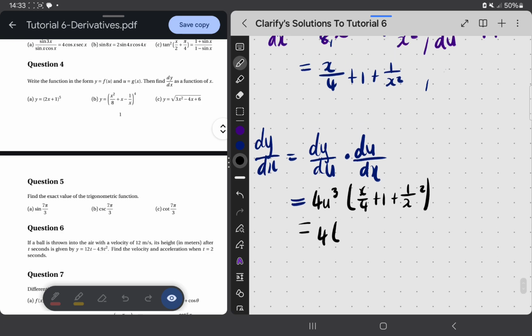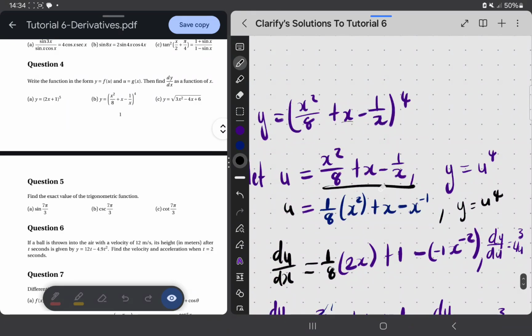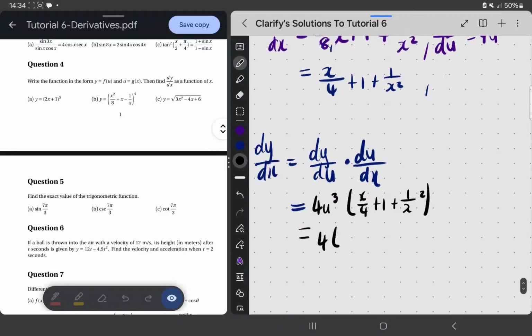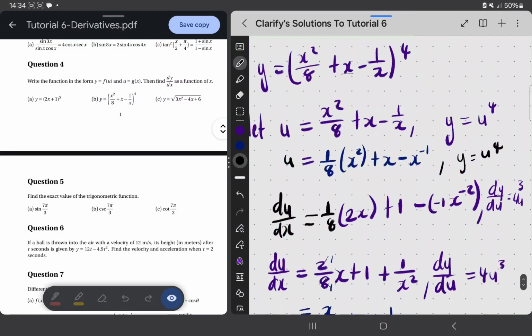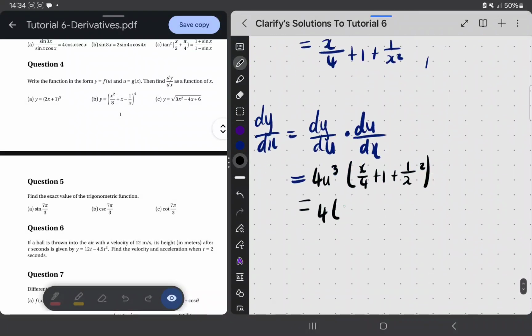What is u to the 3? We have our u to the 3. What did we say u is? We said u is this whole thing. So we can put this whole thing as x squared over 8 plus x minus 1 over x.